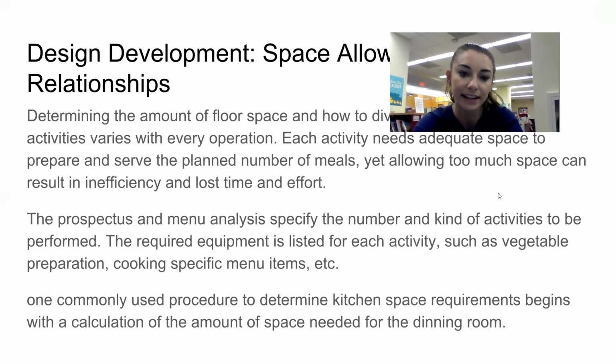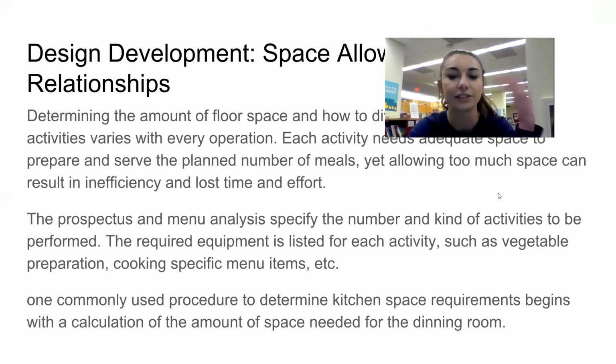The prospectus and menu analysis specify the number and kind of activities to be performed. The required equipment is listed for each activity, such as vegetable preparation and cooking specific menu items. One commonly used procedure to determine kitchen space requirements begins with the calculation of the amount of space needed for a dining room.